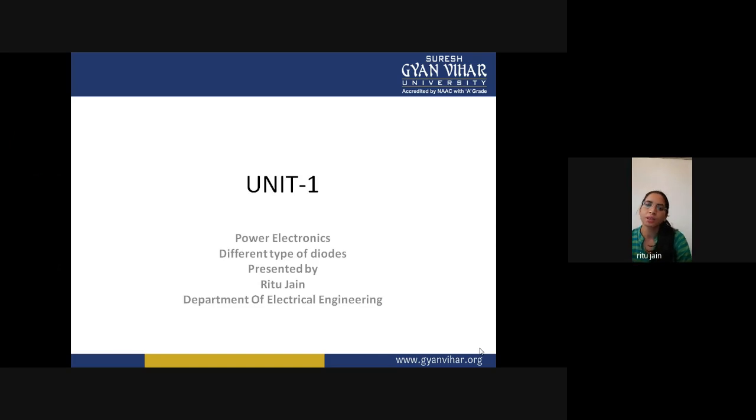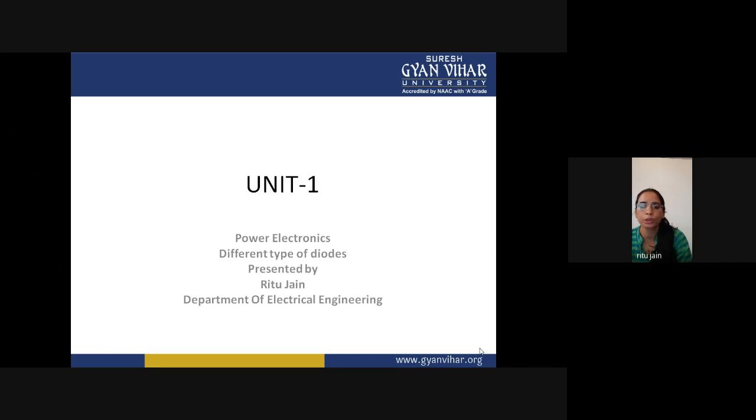The semiconductor material may be silicon or germanium. Basically, these two are the most popular materials used for semiconductor devices or to construct different kinds of power electronic components. So in this lecture, we will discuss what a diode is and what the different types of diodes are.